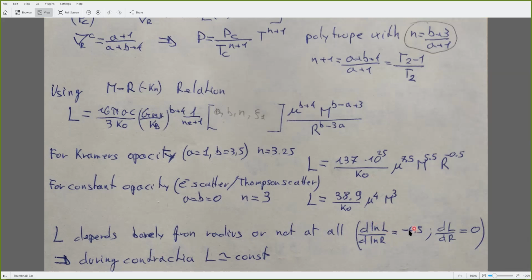This gradient is just minus 0.5, and for constant opacity it doesn't depend on the radius. That gives us that during contraction, the luminosity can be more or less constant, and this is actually what we observe.